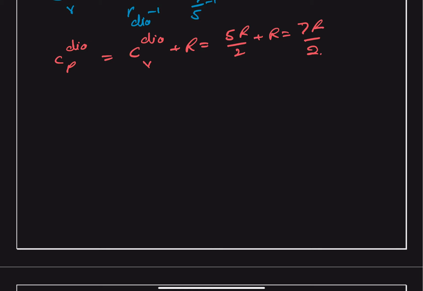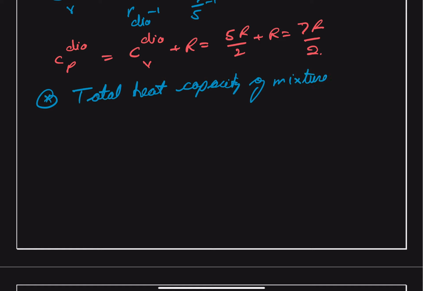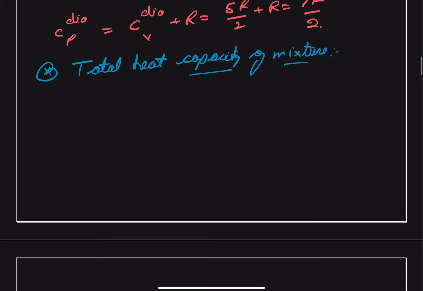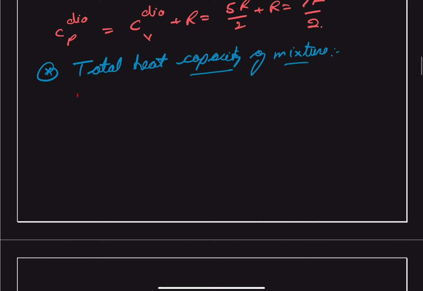Now we find out the total heat capacity of the mixture, keeping in mind both are 1 mole, therefore N1 is equal to N2, which is 1.